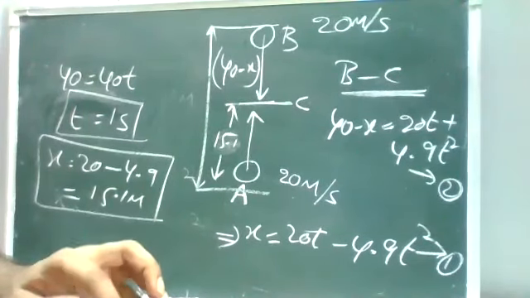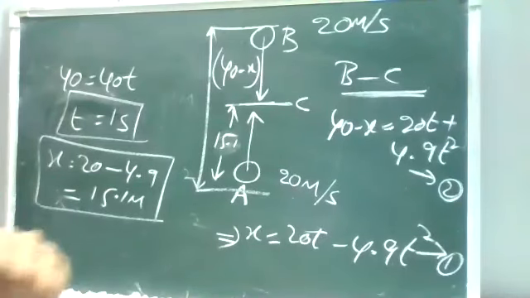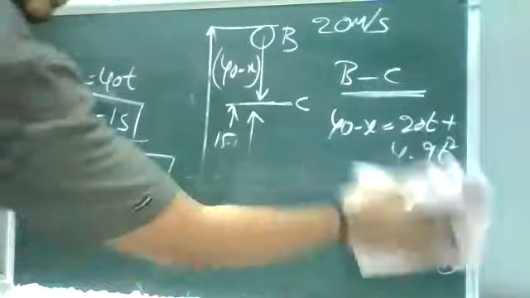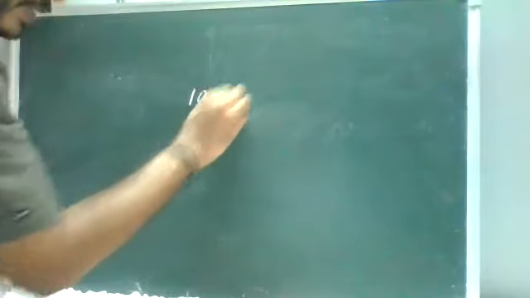Next question. A rocket is fired vertically from the ground with a resultant vertical acceleration of 10 meter per second square.